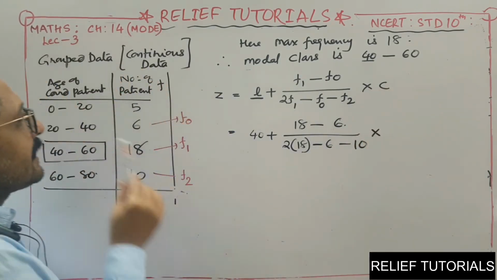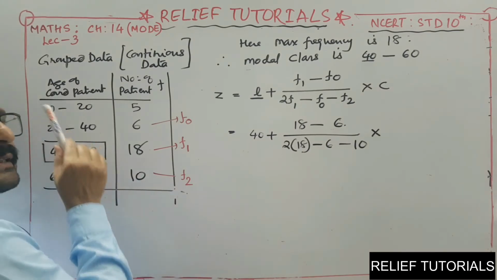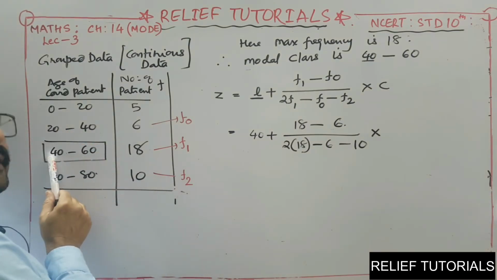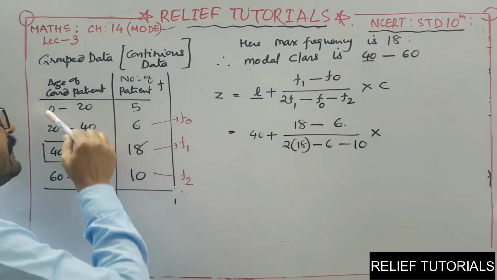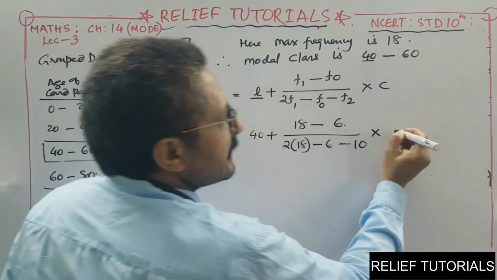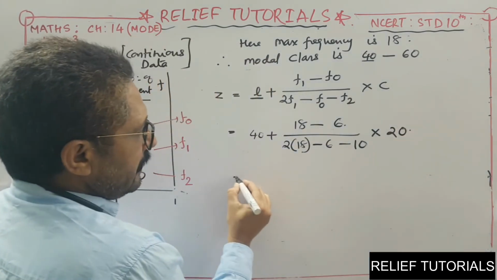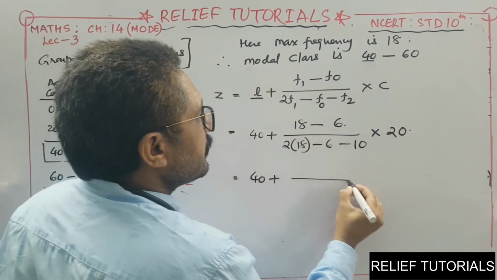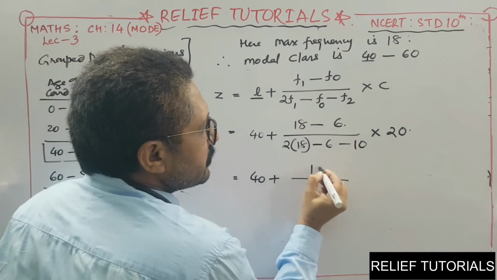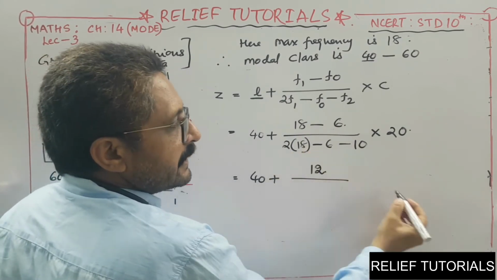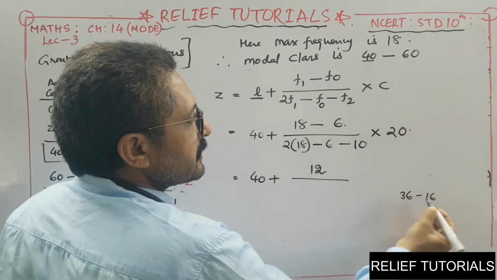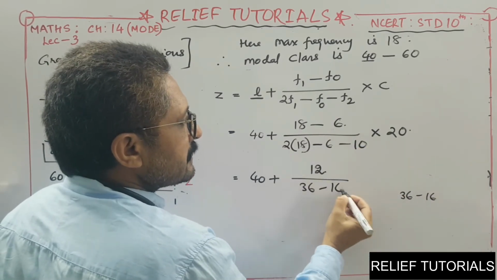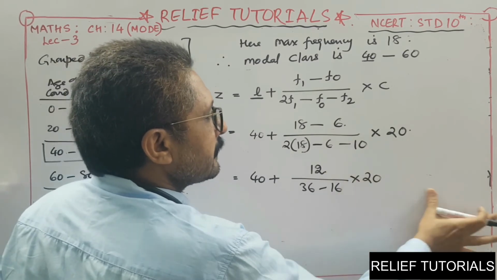I told you what the class length is here. Class length is the difference of the boundary points, but you can just subtract two succeeding limits: 20 minus 0 is 20. So the class length is 20. That is 40 plus (18 minus 6), that is 12, divided by 2 into 18, that is 36, minus 6 minus 10, so minus 16, so 36 minus 16, into 20.